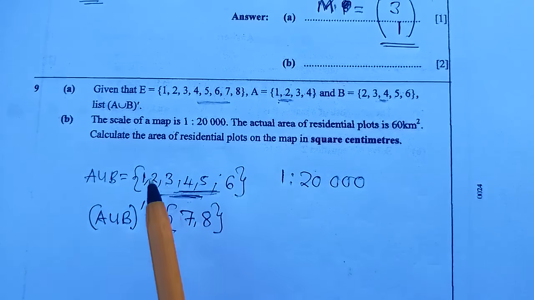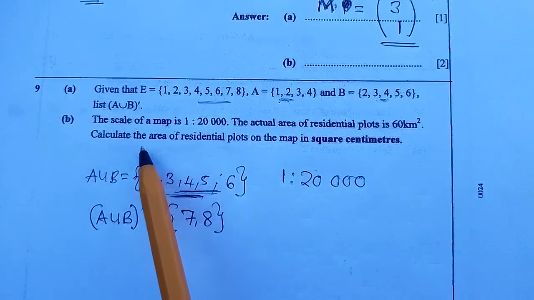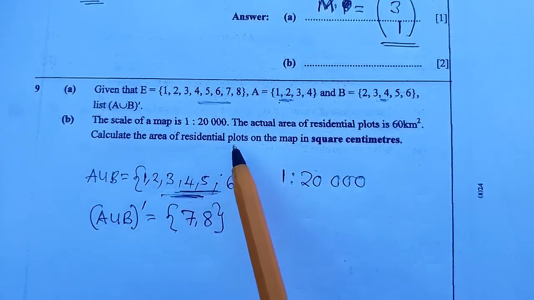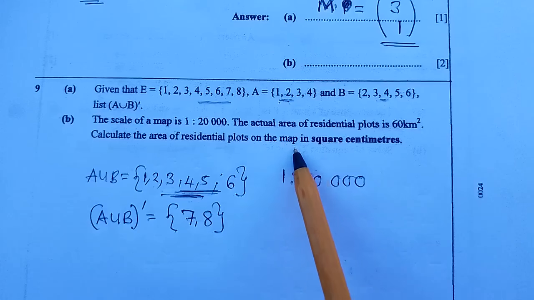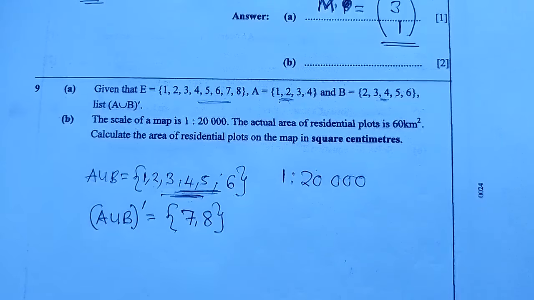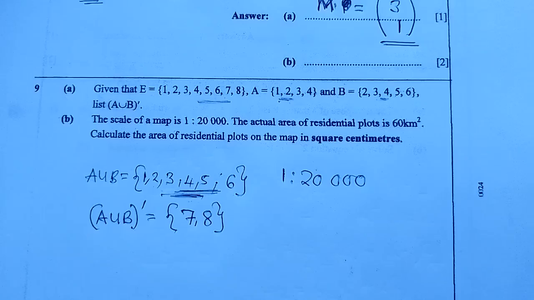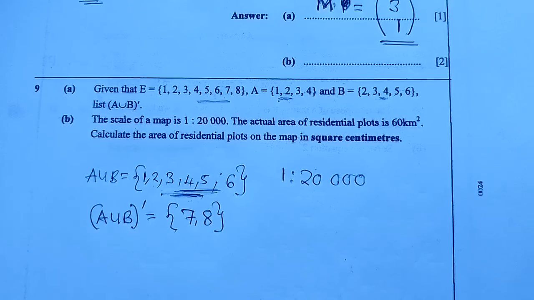Then they are saying calculate the area of the residential plot on the map in square centimeters. So how can you go about that one? How can you handle such a question?